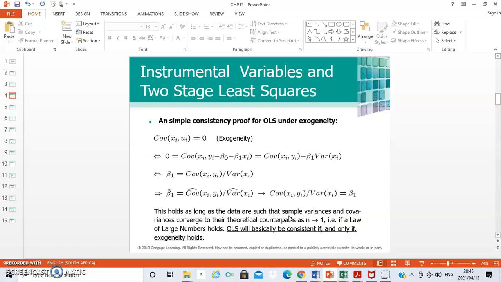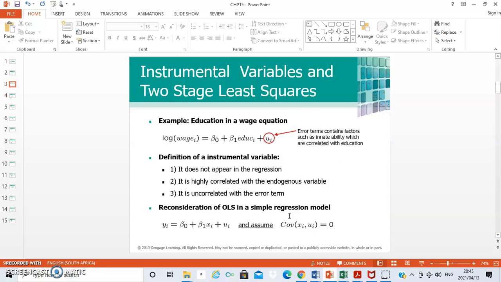But let us go further. In other words, we can only apply OLS when there is exogeneity. Exogeneity exists when the covariance between the explanatory variable and the error term is equal to 0. If it's not equal to 0, then it's no longer exogeneity.